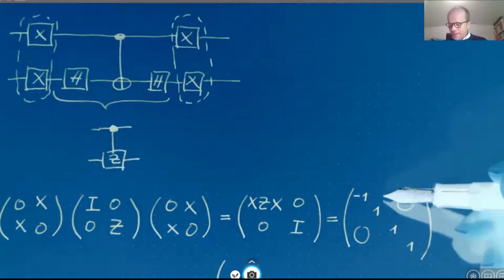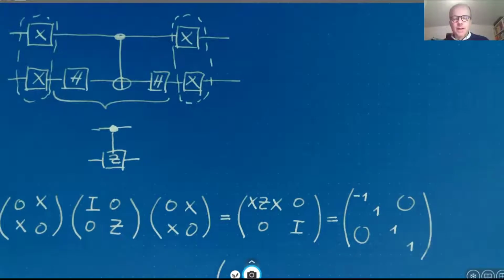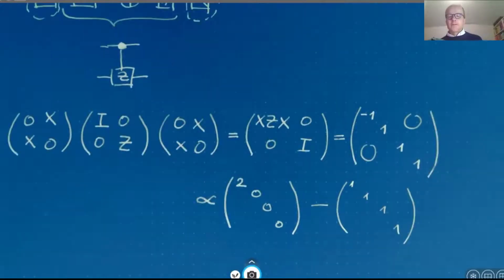So you can neglect the overall sign. You can say this up to this overall sign. You can also view this as +1 and the rest is -1s. And this means you can consider this as 2 in one entry and the rest 0, minus the unit matrix. So up to an overall sign, this is another way of writing this matrix.